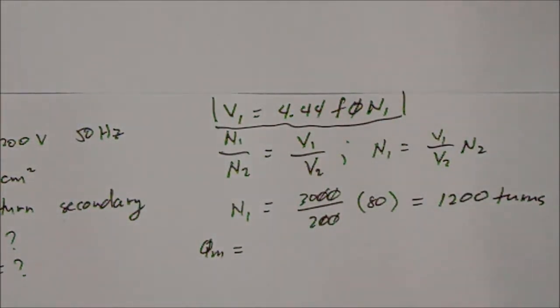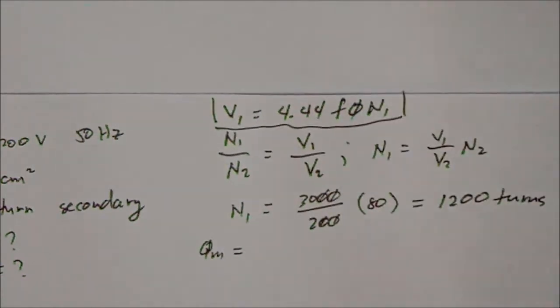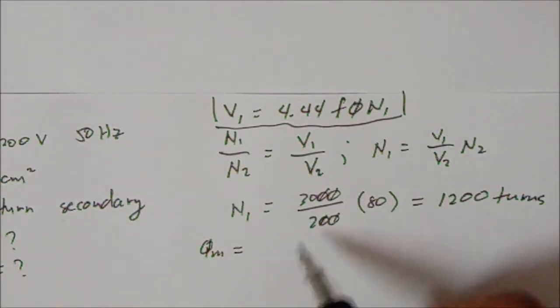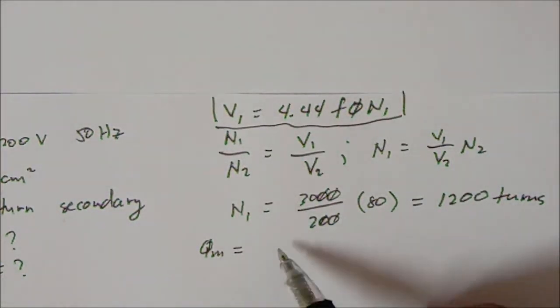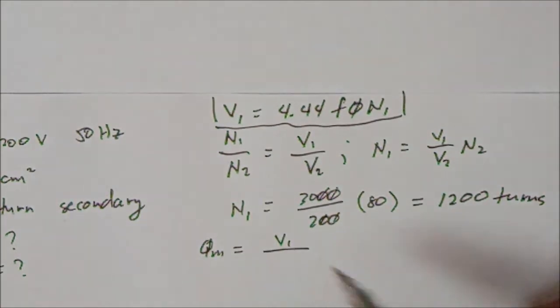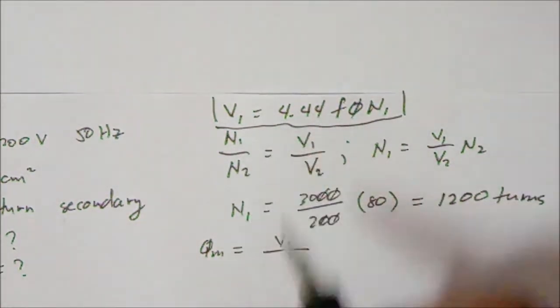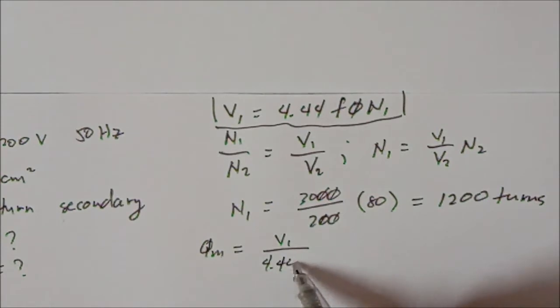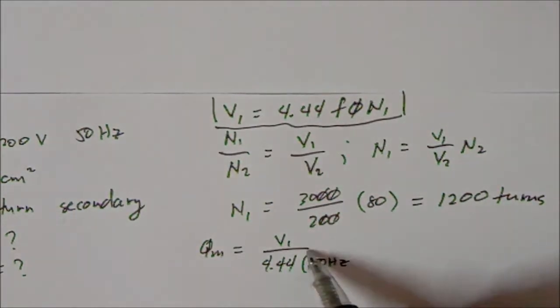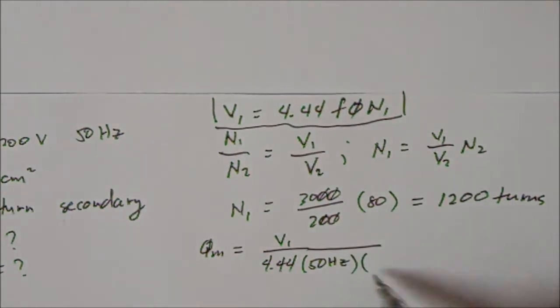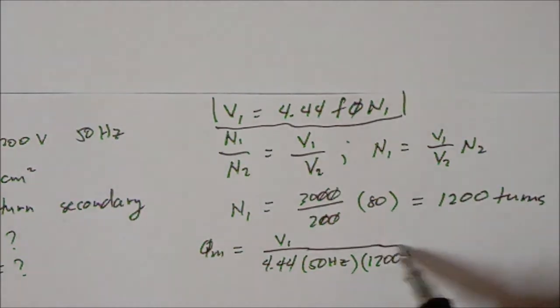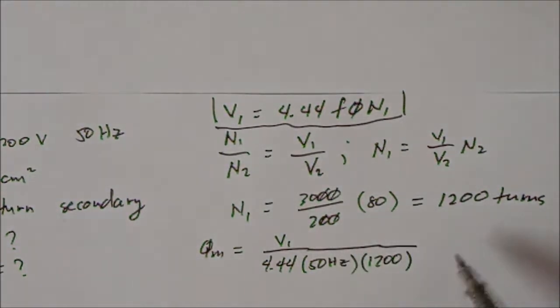Okay? Kaya lang, ginamit ko kasing pang-compute ay yung ating N1. So, flux is equivalent to V1 over 4.44, F is 50 Hertz, and N1 is 1,200 turns as what we have computed earlier.